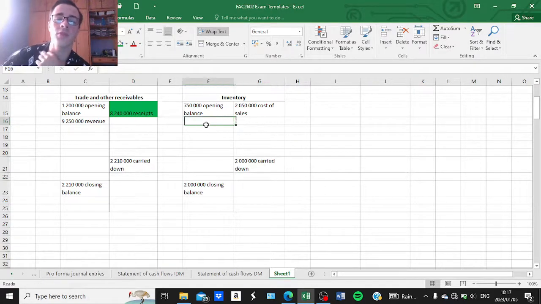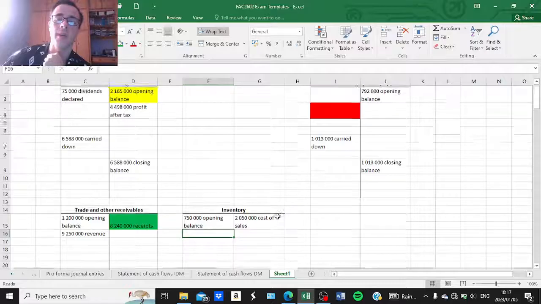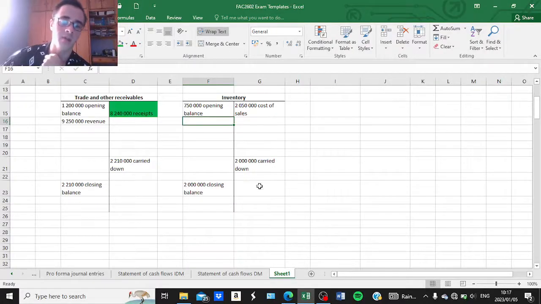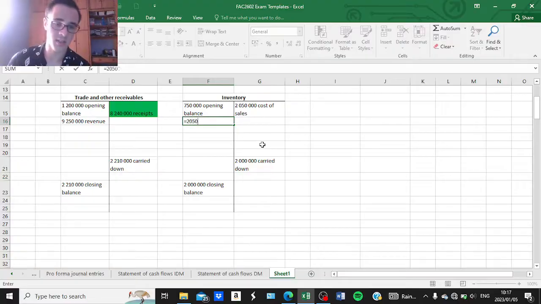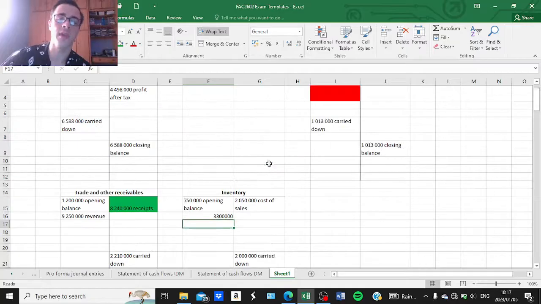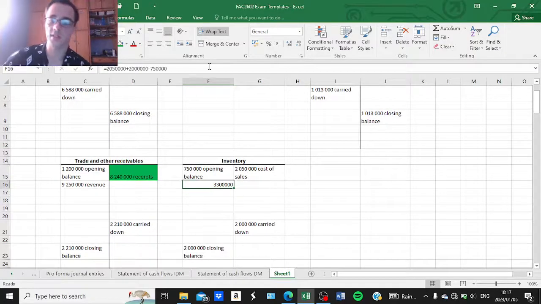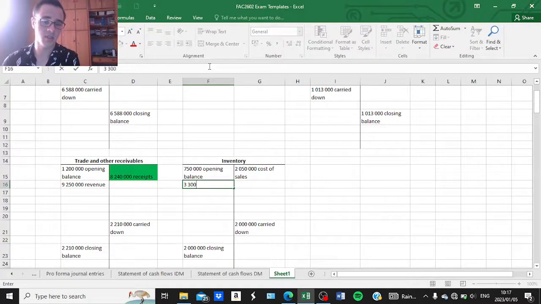So the balancing figure will represent the amount of inventory purchased from our suppliers. Okay, so we will take cost of sales, add the closing balance of 2 million, and subtract the opening balance of 750. This should give you 3.3 million rand. So this was the value of purchases from our suppliers.